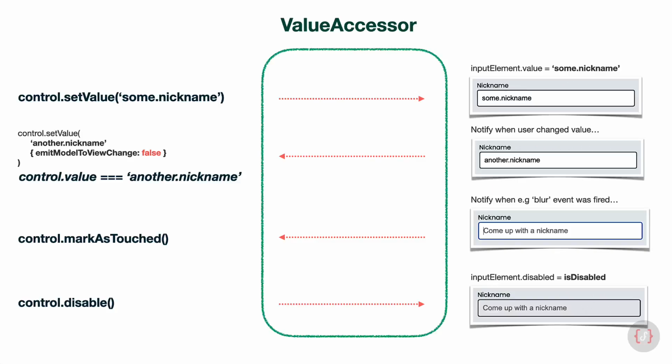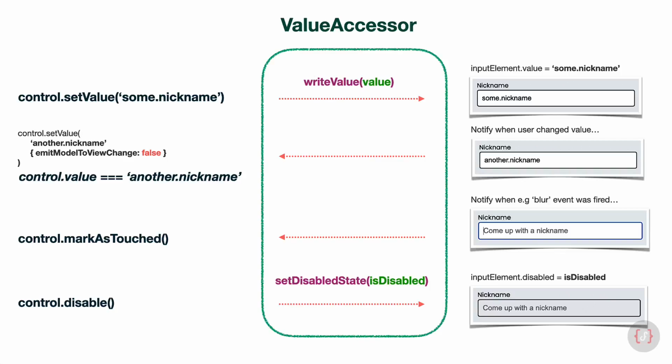Every time we set a new value to the model, the writeValue method of the value accessor will be called, and the new value will be propagated as an argument for this function. Then, every time we disable or enable the control model, the setDisabledState method will be called with a Boolean parameter that indicates if the control is disabled or not.